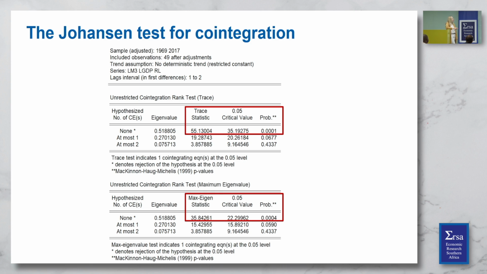So we reject the null, in this case at the 1% level, and it tells us here we have 1 at the 5% level. We can see it's borderline. It picks up that second, money and income. That's at the 10%. There is a second one. And same with the maximum eigenvalue test. We have 1 at the actual 1% and not 5%, but the second one is at the 10%.